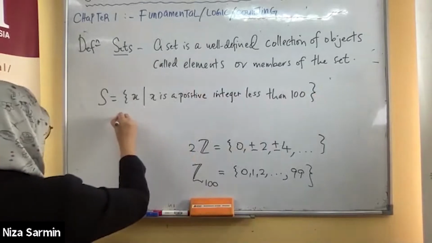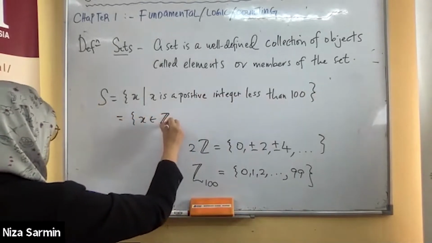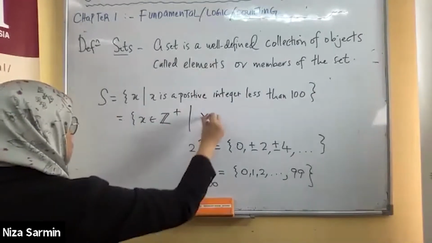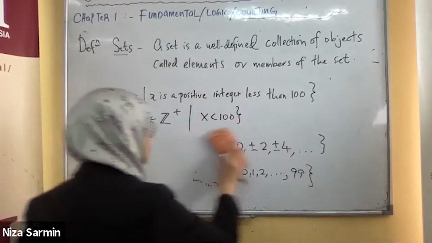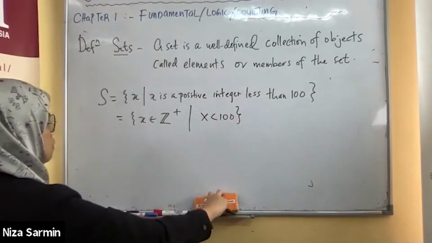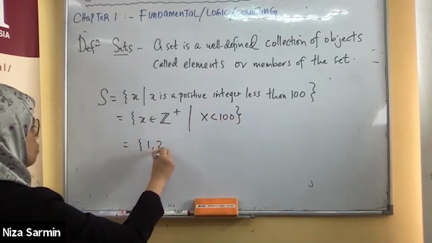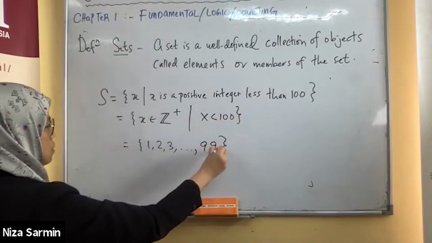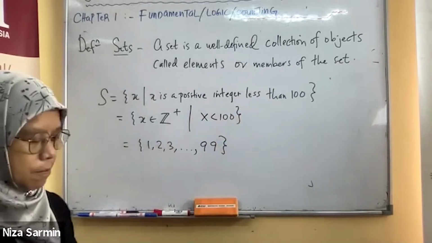Okay, so you can write S, X in Z plus, positive integers, such that X is less than 100. Or you can write it as 1, 2, 3, ... 99. So three different types of writing a set.